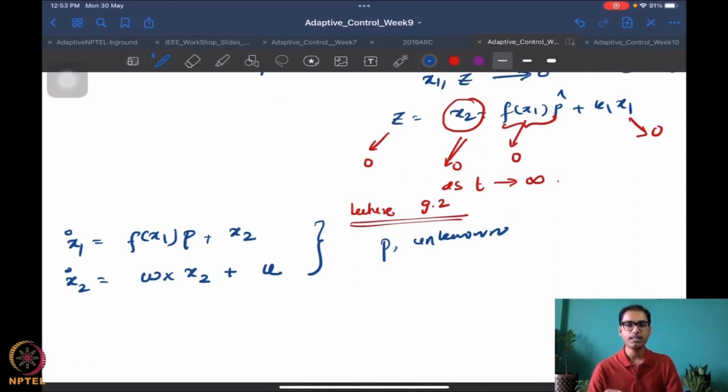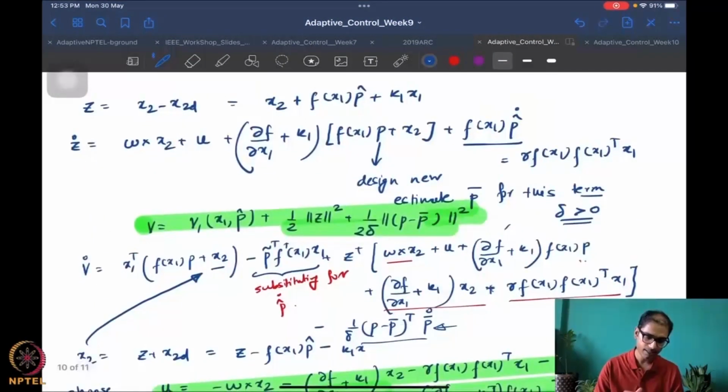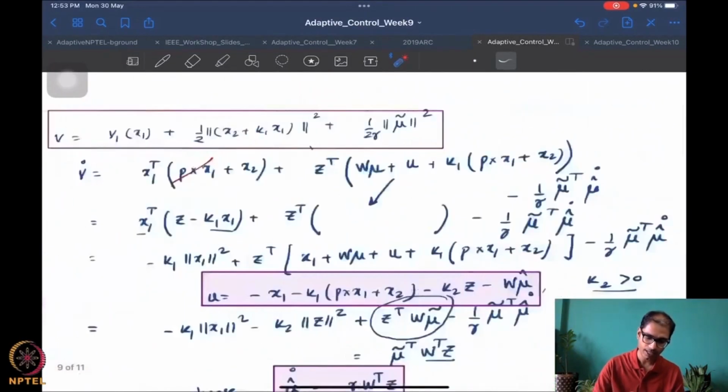So the first thing that we want to do is that we don't declare a first stage Lyapunov candidate, right? But we do define an x2 desired, which is essentially the same, right? If you see the x2 desired, that is exactly the same. It is going to be exactly this guy. Sorry, the negative of this guy.